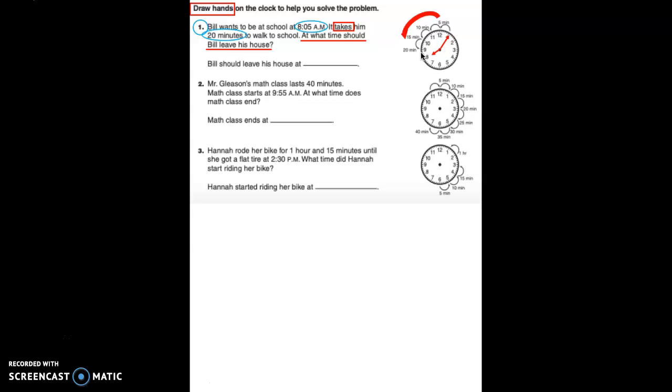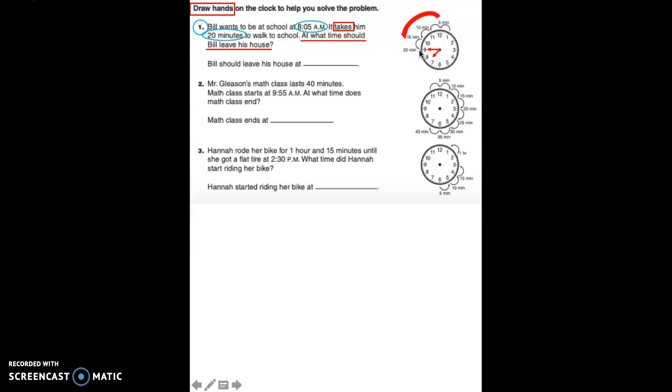So 8:05, 5, 10, 15, 20. That's 20 minutes. Remember, I also pass the 12. So that means I need to go back an hour. So I'm going to go back to 7 o'clock.